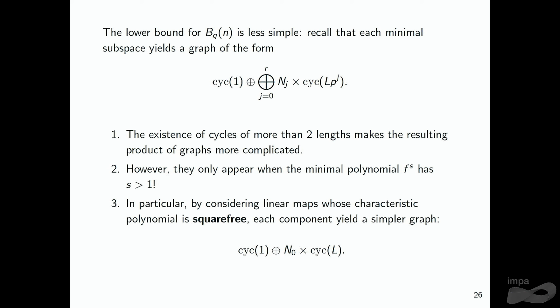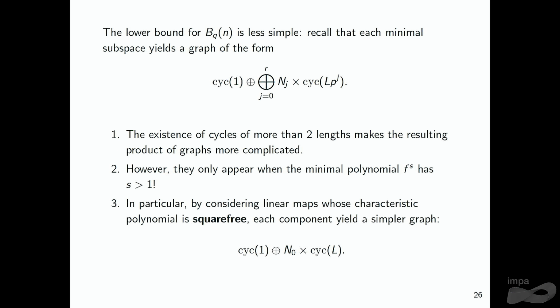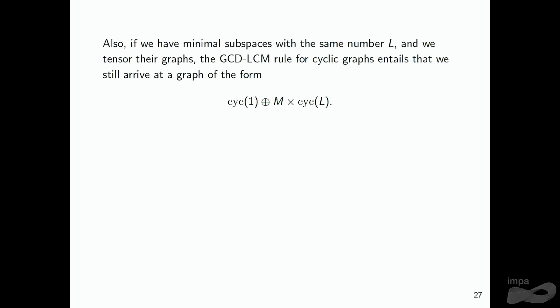And then for each component, I have a number L. I first gather together all the L's that are equal, so I would tensor things of this type with the same L. And then by this GCD-LCM rule, I get, again, a graph of this form. So if I tensor cycle 1 with cycle L, I get cycle L, and cycle L with cycle L, I get cycle L again, right?